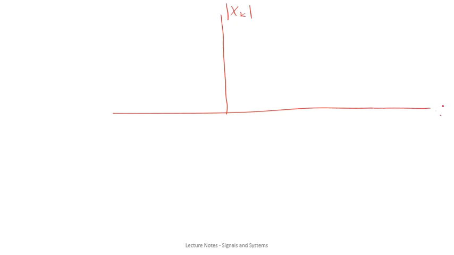Okay, so x0 is 1, so this will be 1. And x1 and x minus 1 both are root 10 by 2, so this will be somewhat greater than 1. So you can just plot it here.